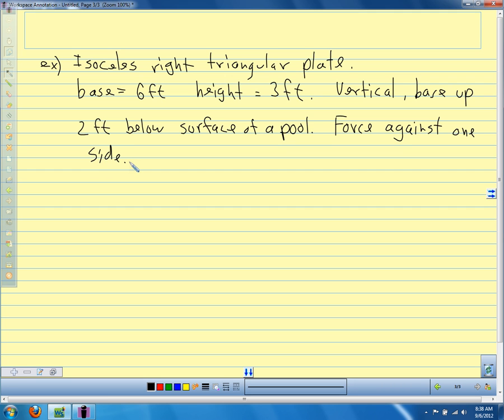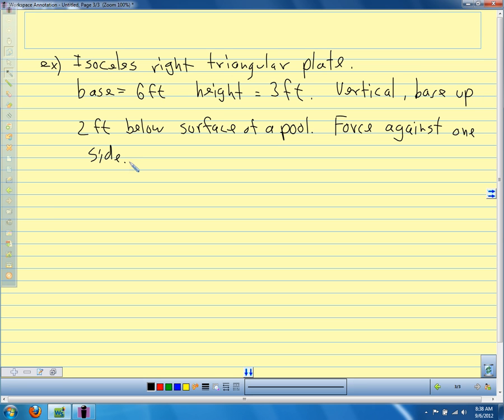So we could think maybe we have a right triangular trough, and we're submerging it in a pool. We want to figure out the force that the water exerts on one side of this plate.